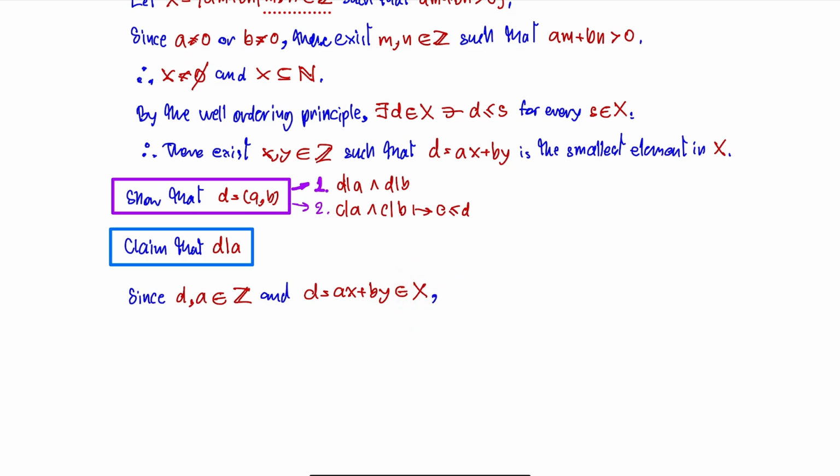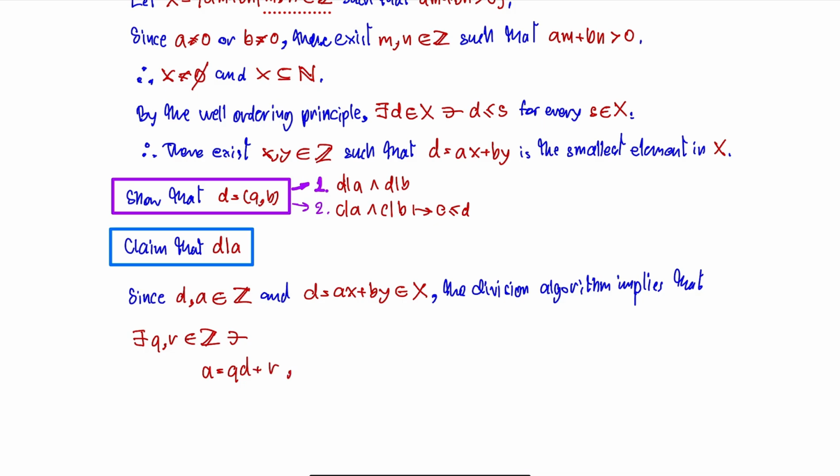Then the division algorithm implies that there exist integers q and r such that a equals qd plus r, where r is greater than or equal to 0 and less than the absolute value of d.